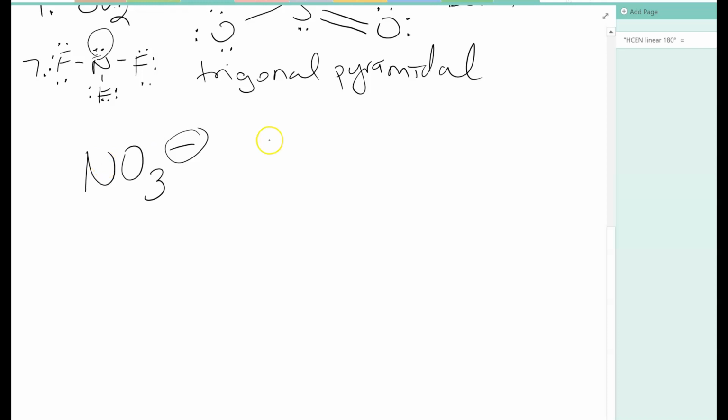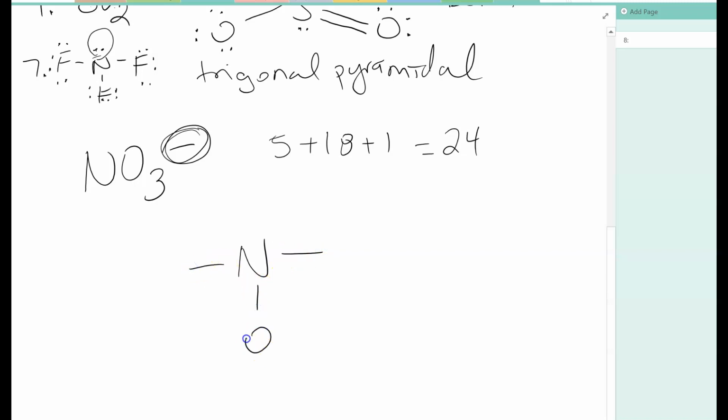So nitrogen has 5, plus the 6 that each oxygen has, times 3, so that's 18, plus the 1 electron that comes from this charge. So now we have to account for 24 electrons. We just add the 24 electrons so that everything has the number of electrons that it needs.